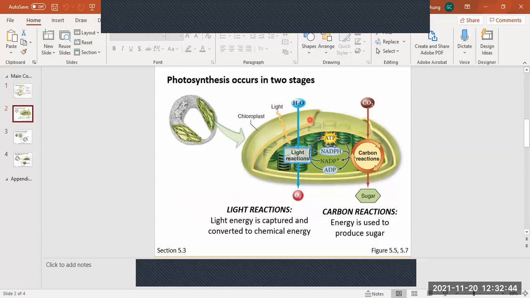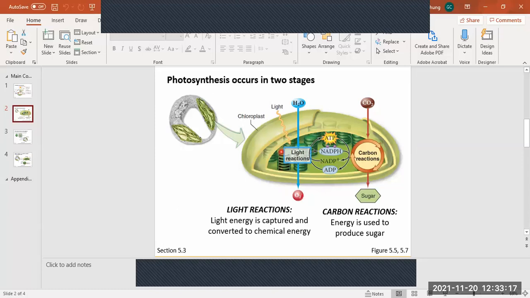The water molecule is split during the process of photolysis to provide electrons that can be processed through the electron transport chains to provide energy to add a phosphate to adenosine diphosphate to make an adenosine triphosphate molecule and to reduce NAD plus to NADPH. These temporary storage molecules can then be utilized in the carbon reaction.